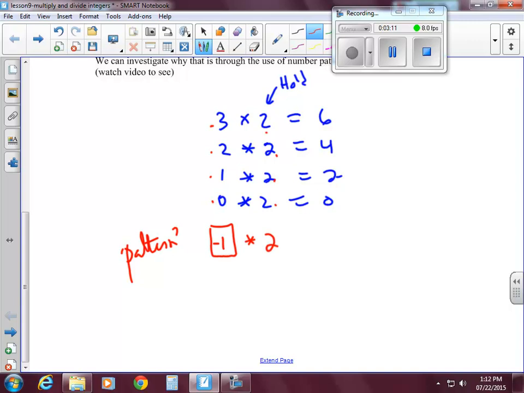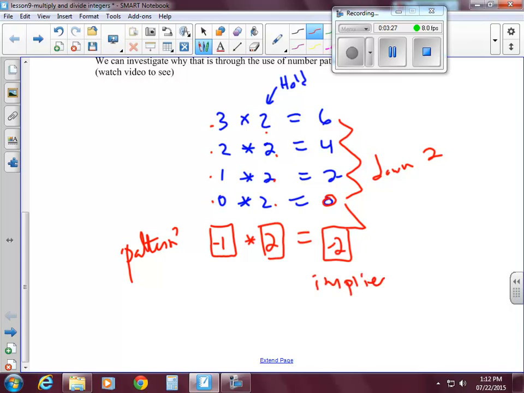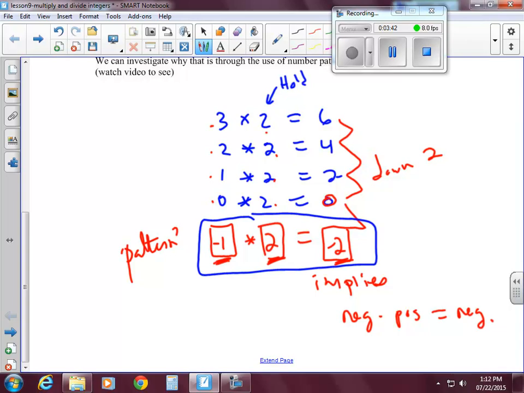Next number in the pattern would be a 2, right? Here, 6, 4, 2, 0. It looks like it keeps going down 2. Well, then what's the next number? If I'm at 0 and I go down, I'm going to be at -2. So basically, this implies that a negative times a positive will return a negative, which is exactly what we said. So solely by looking at a number pattern, you can see that a negative times a positive must return a negative. Okay?